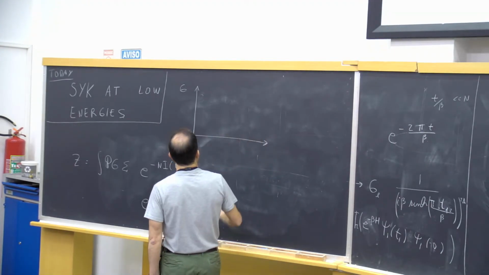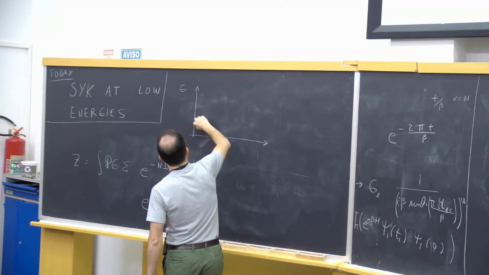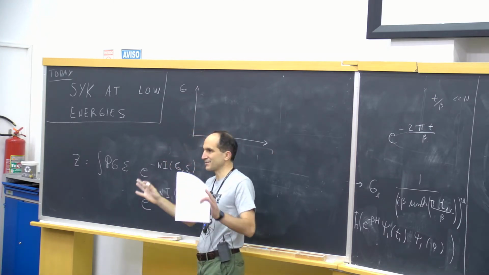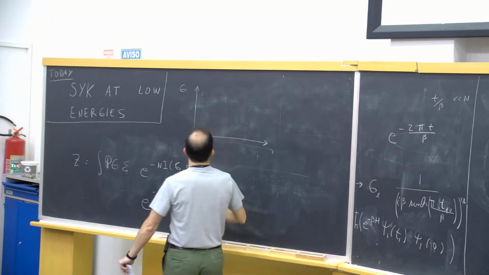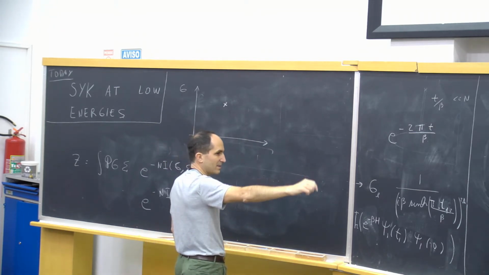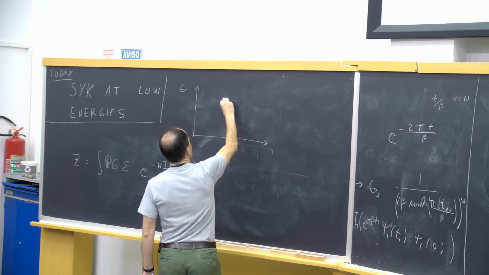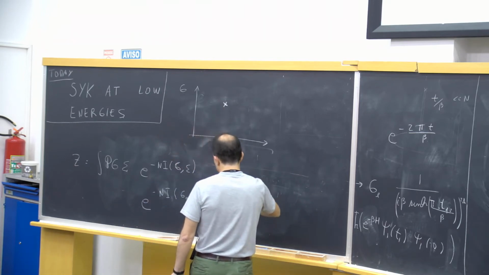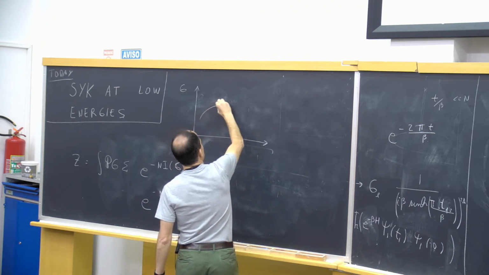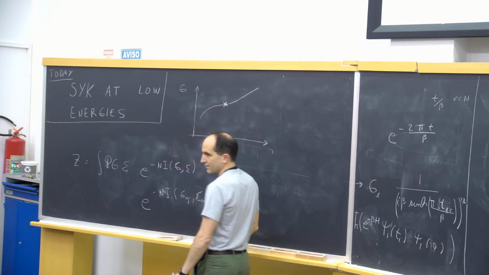My only point here is that in this big space of G's, this is one direction in the space of G's, this is another direction in the space of G's. Of course, it's an infinite dimensional space, it's a space of functions of 2 variables. There is one point, which is the solution we discussed, 1 over T1 minus T2. So that's one solution. But then there are all these reparametrizations of that solution, and that's some, let's say, subspace of the space of all G's.